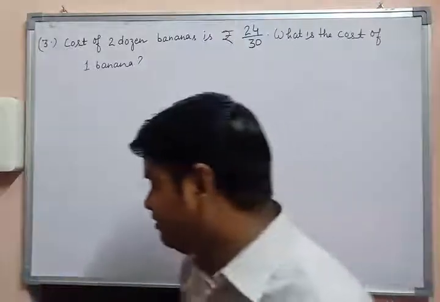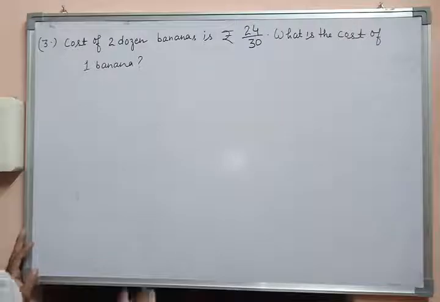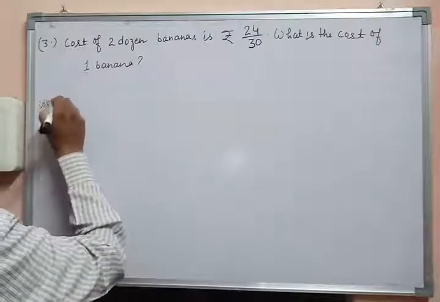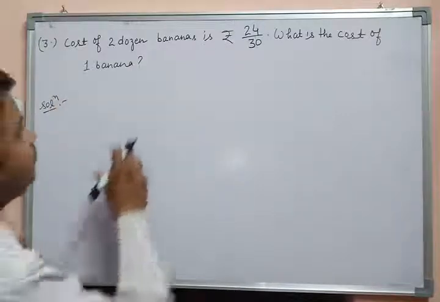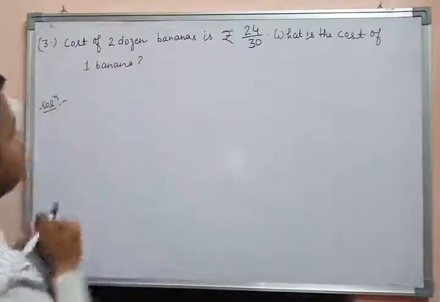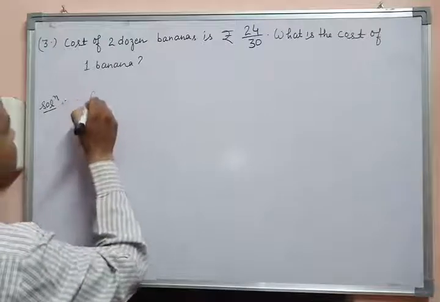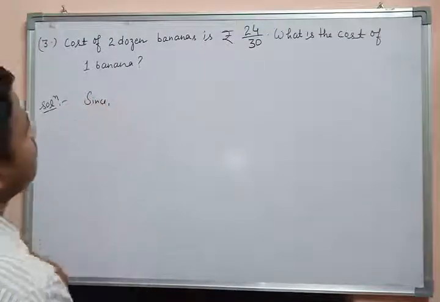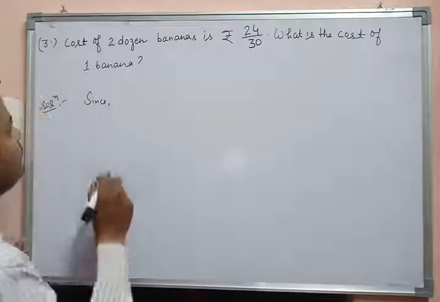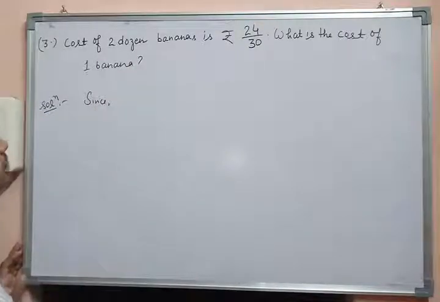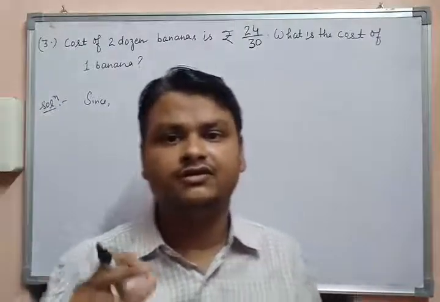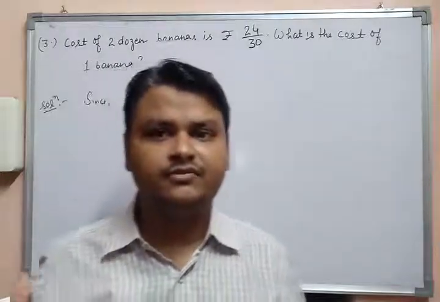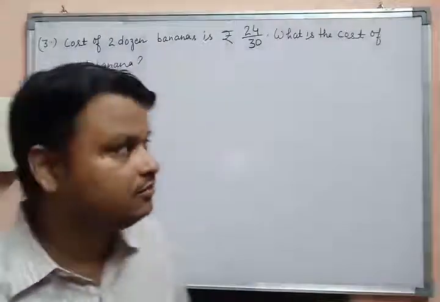So first of all, solution. Given, since the cost of 2 dozen bananas, you all know what the value of 1 dozen is. 1 dozen means 12, so 2 dozen means 24.